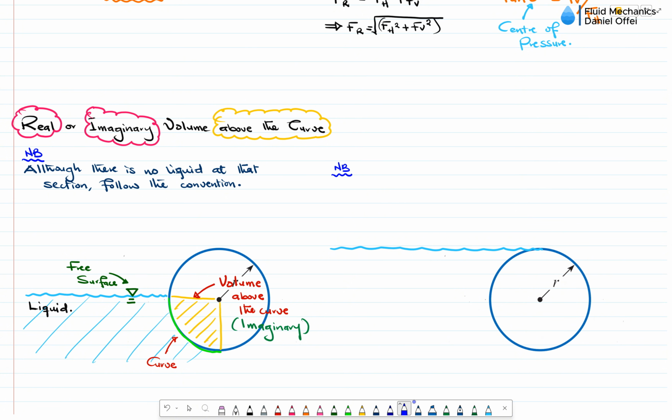In the second situation, we can divide the curve into two such that we have one that is on top and then one that is below.